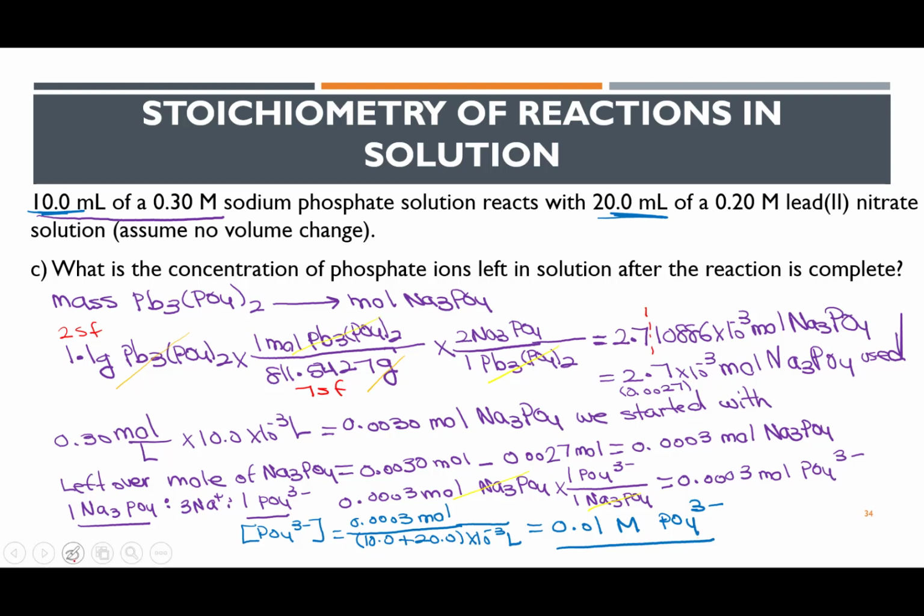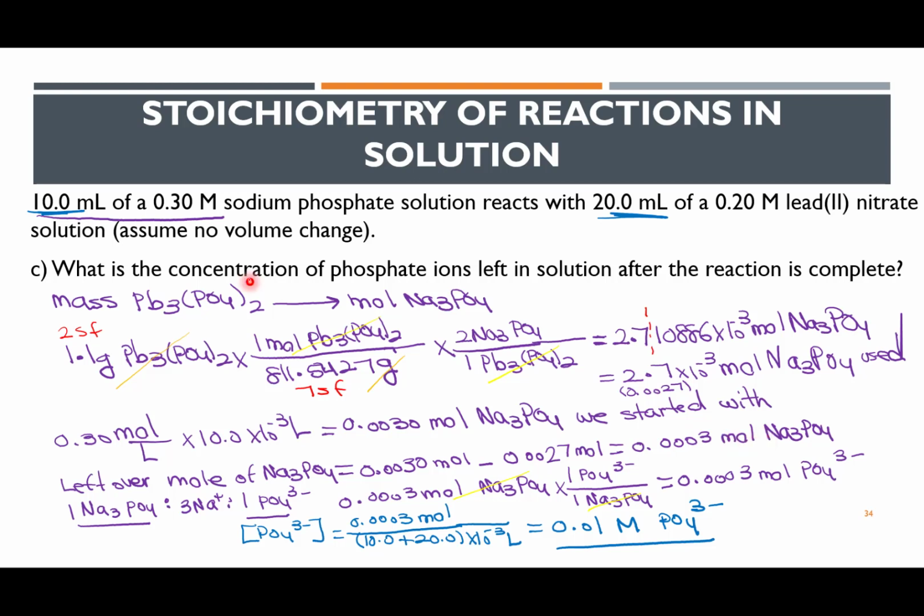Going back, let's talk about it one more time. This part asks you to find the concentration of phosphate ion left over. To do that, you have to convert the mass of lead 2 phosphate that you calculated in part B to moles of sodium phosphate. That will be the moles of sodium phosphate that you used. Knowing how much you started with and how much you used, when you subtract these two numbers, you get the leftover moles of sodium phosphate.